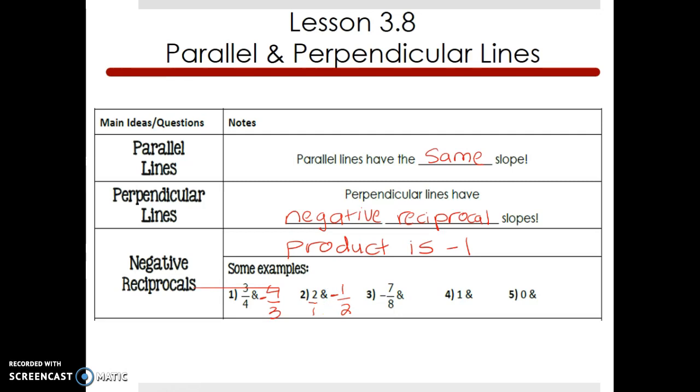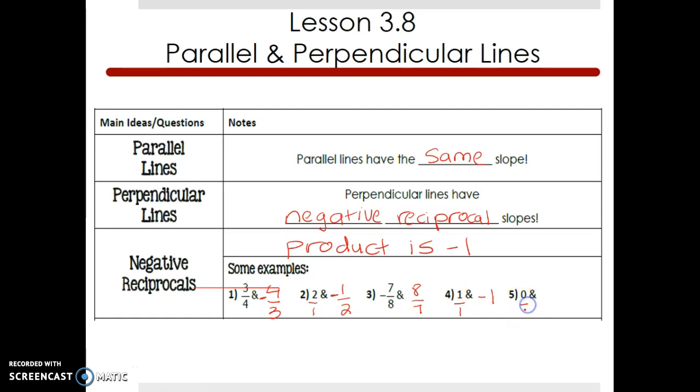Now number 3, it's already -7 over 8, so I'm going to flip it. Since it's negative, the negative reciprocal is going to be positive. 1 over 1 is the same thing, so I'm just going to make it -1.